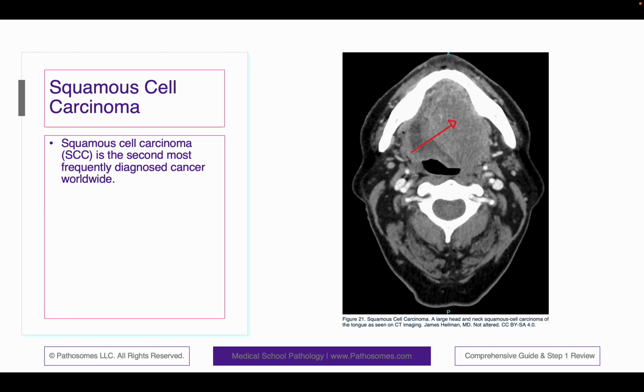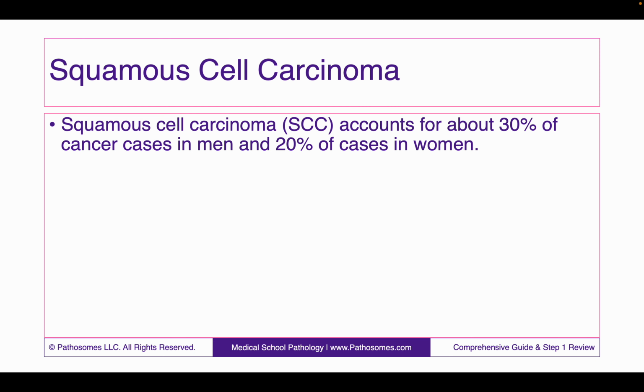Especially when it comes to squamous cell carcinoma, which we're going to talk about now. Squamous cell carcinoma is the second most frequently diagnosed cancer worldwide, I should say. Squamous cell carcinoma accounts for about 30% of cancer cases in men and 20% in women.